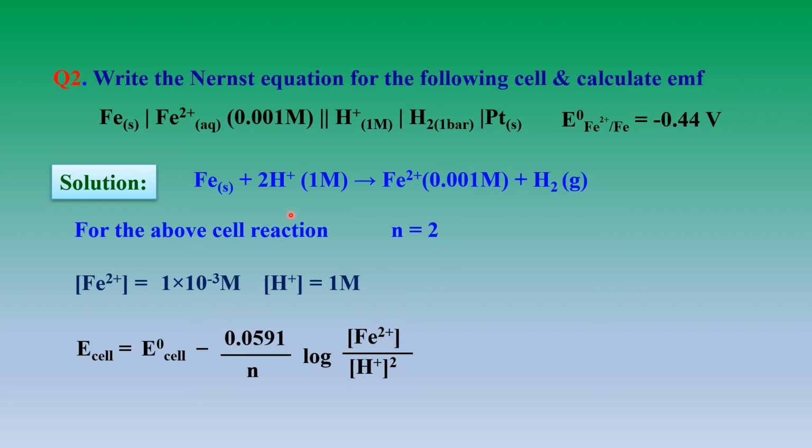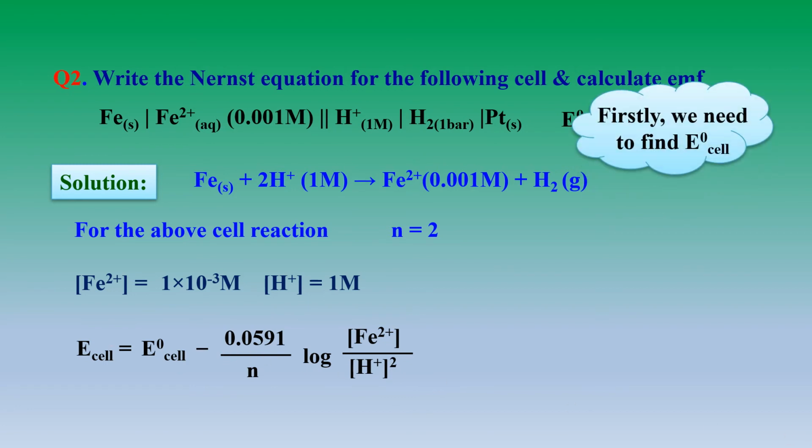Look at the cell reaction. The product side ion concentration should be written in the numerator, the reactant side ion concentration in the denominator, and the coefficients should be raised as powers. That is the formula to calculate E cell, the cell potential.